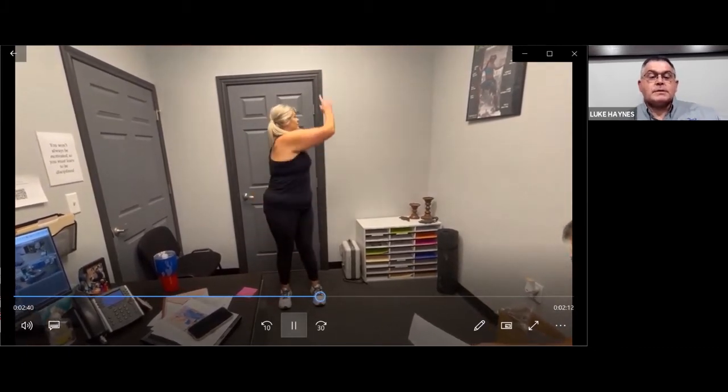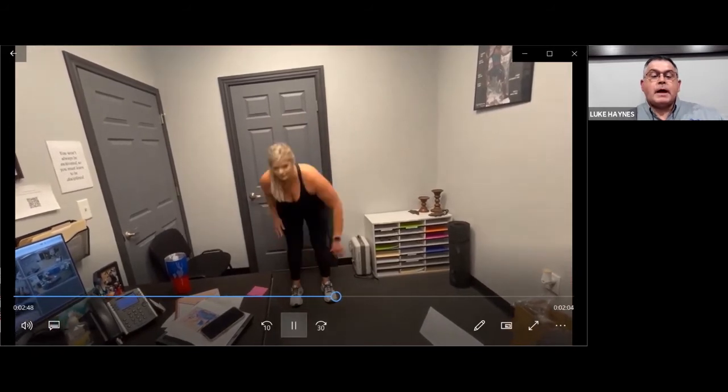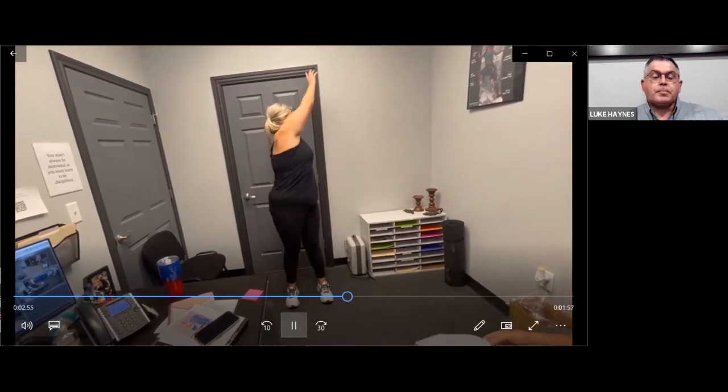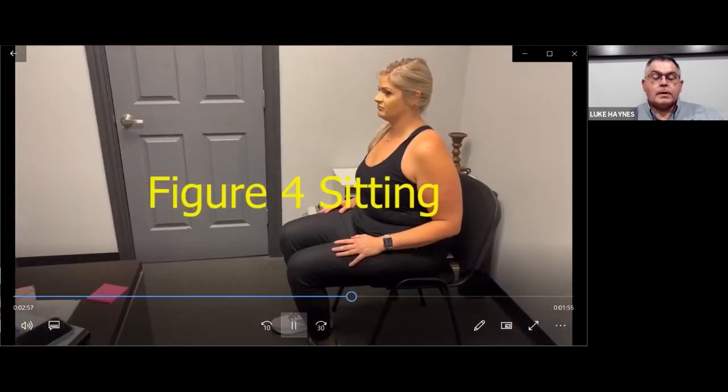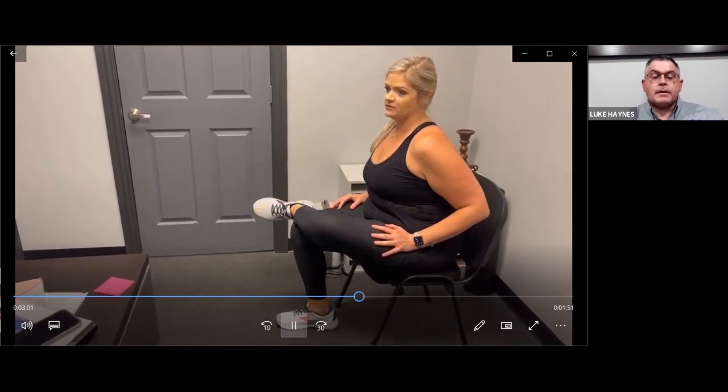Three-dimensional movements are a great way to pull out any asymmetries, any dysfunction happening in that movement system, definitely related to the hip as well as the back.